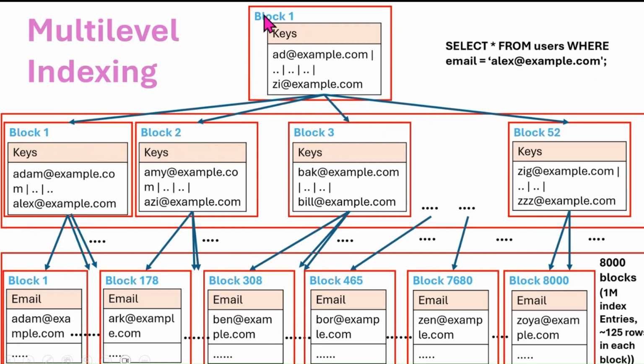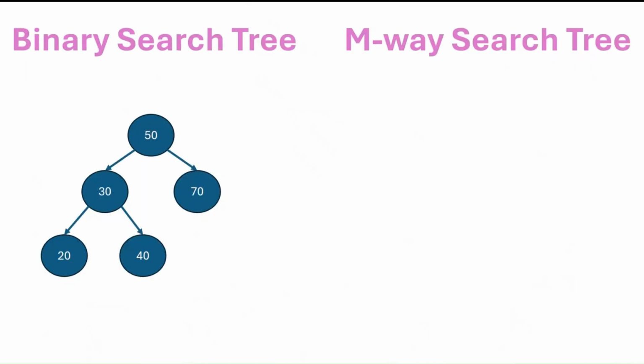So you can see, if we consider this one block as a node, then each block or each node is storing multiple keys. So this is a different type of node structure. Let's understand what it represents. We know that in a binary search tree, each node stores one key and has two children, left and right.